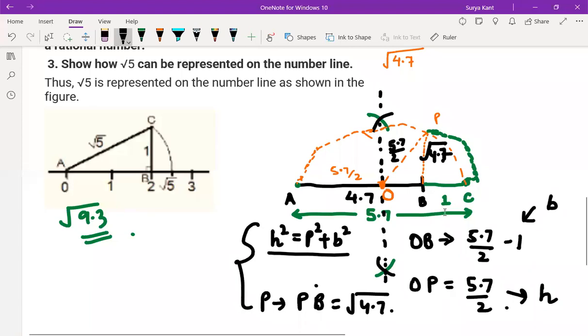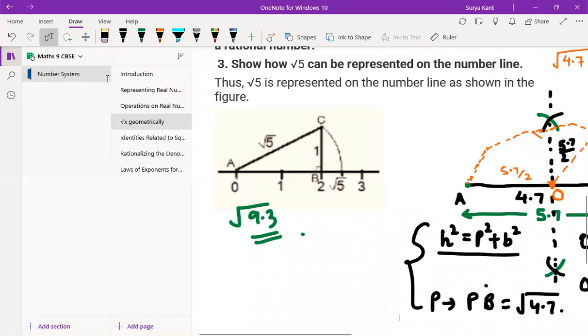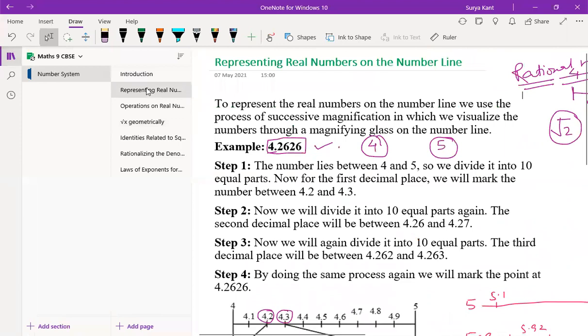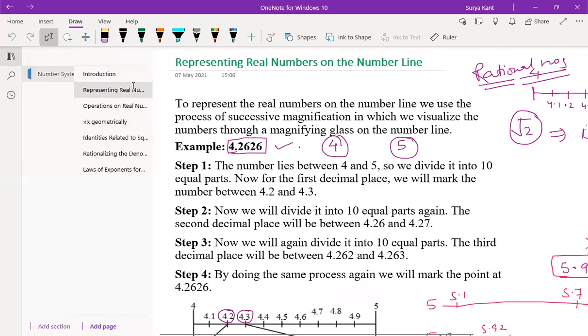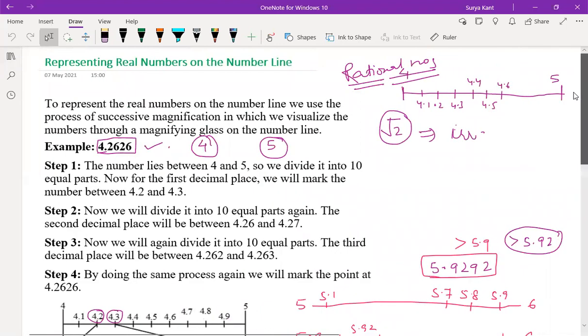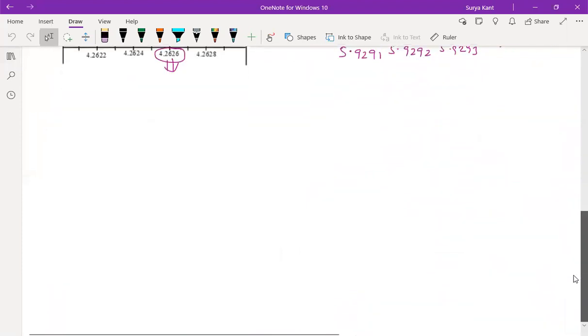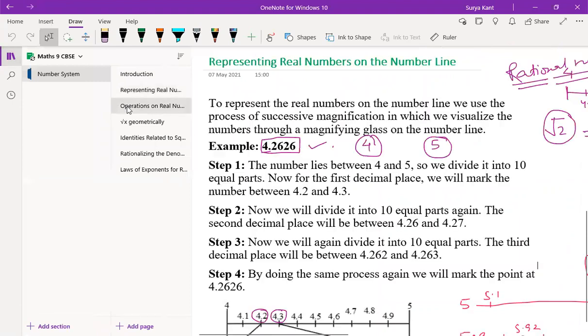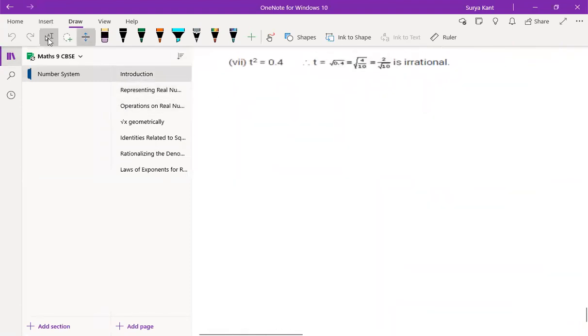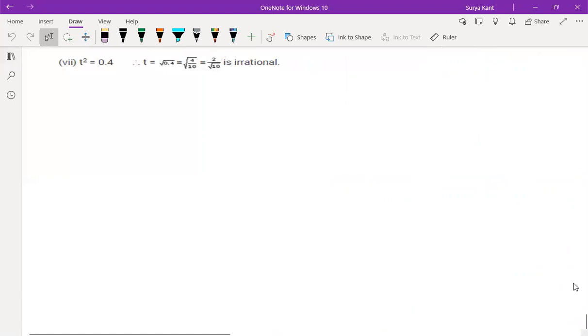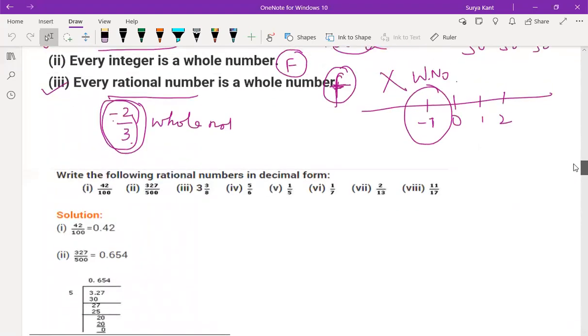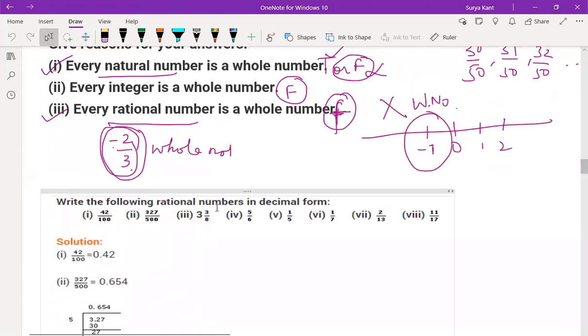Now, yesterday, in the last class, what we did, we do a few questions based on that. So we did this question. See, write the following rational number in decimal form.